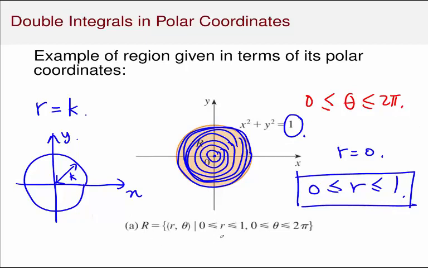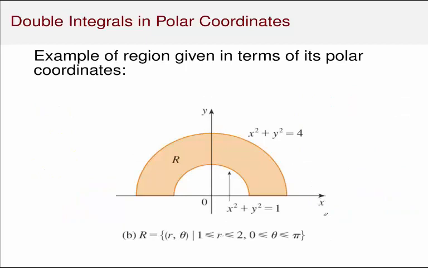Let's do another example. This time we have a region bounded by two circles above the x-axis. The smaller circle is the circle of radius 1, and the larger one is a circle of radius 2. Right, let us determine the range for theta. For this, we are looking at rays going out from the origin and intersecting the region.